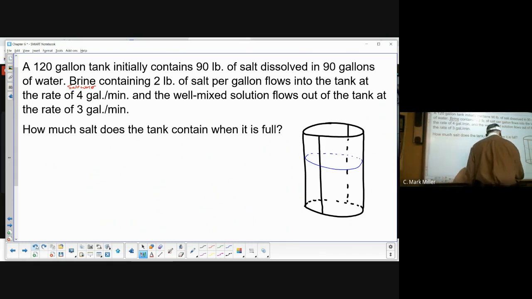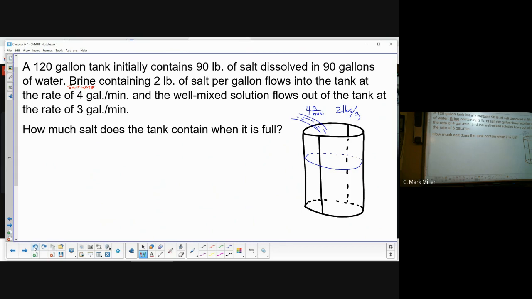So into the tank is flowing brine at 4 gallons per minute, and it contains 2 pounds per gallon of salt.